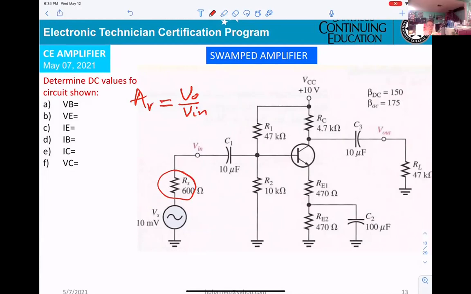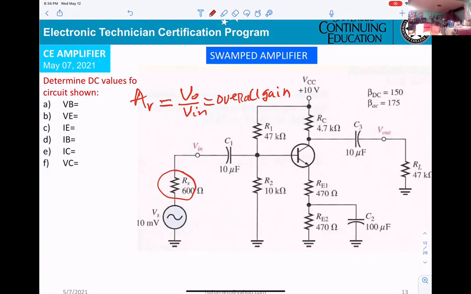Basically, when you say AV equals V out over V in, that must be the difference they call overall gain. Gain for the complete amplifier.